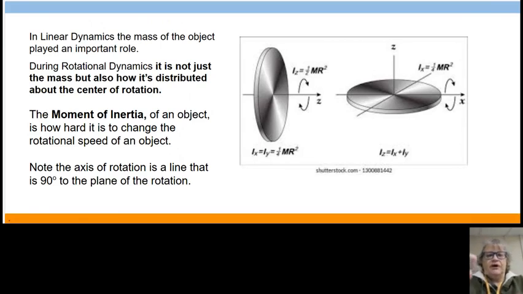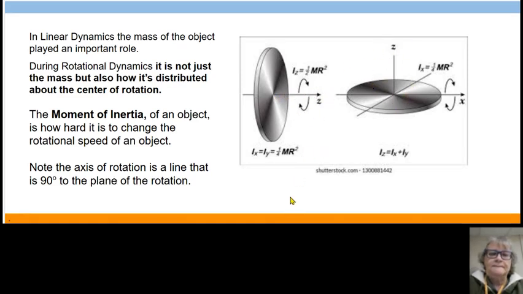So if you have a bike tire spinning in your hands, it's hard to get it to change its axis of rotation. Note the axis of rotation is a line that is 90 degrees to the plane of rotation. So this Z right here is its axis of rotation, just like this one.